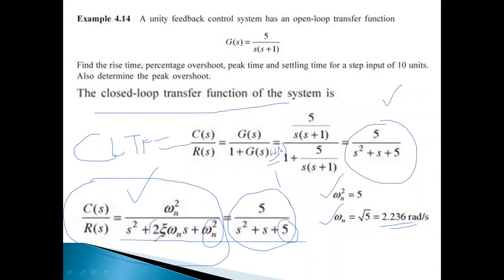Comparing the s coefficients, the s coefficient in this case is unit value. That means 2ζωn is equal to 1. Once we have the ωn value, simply substitute and find ζ.